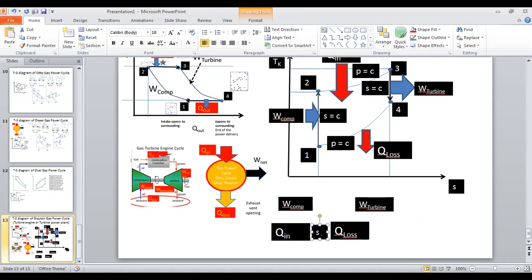Q in minus Q loss is the net energy in, is same as, means equal sign, what?